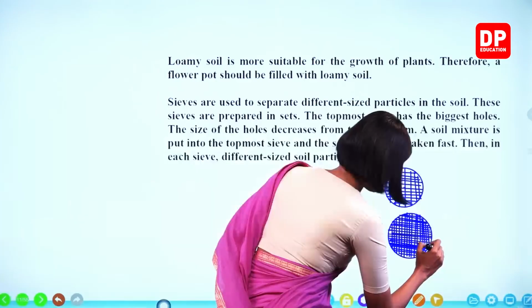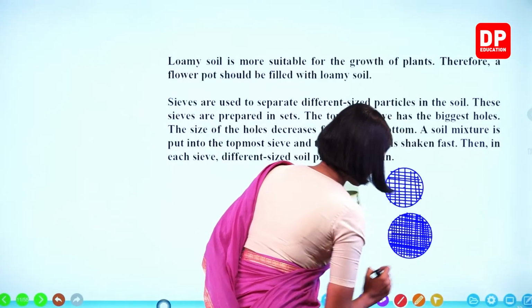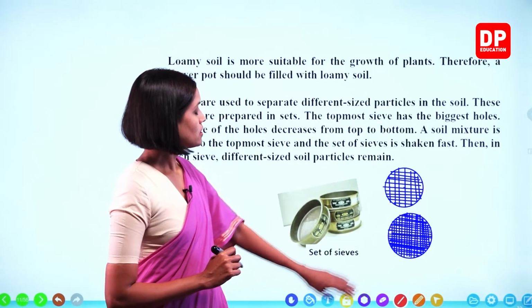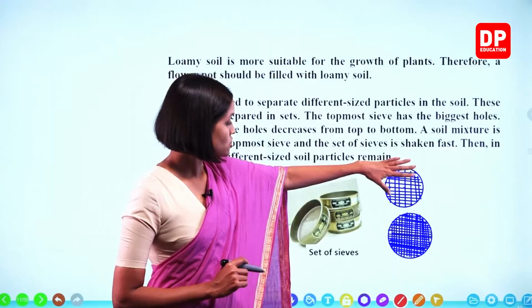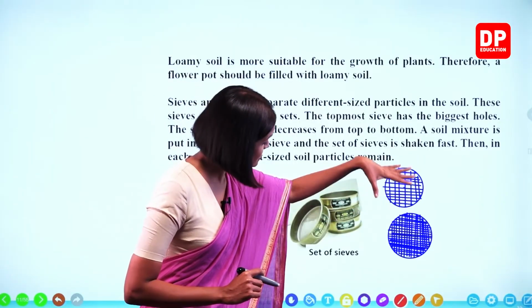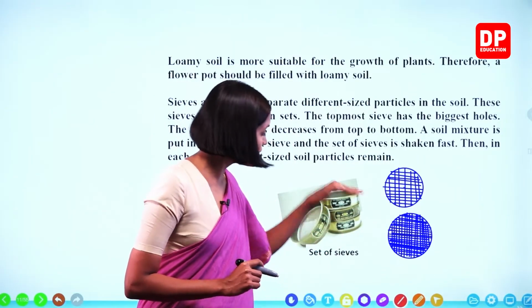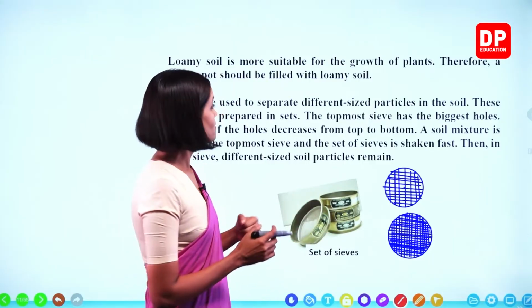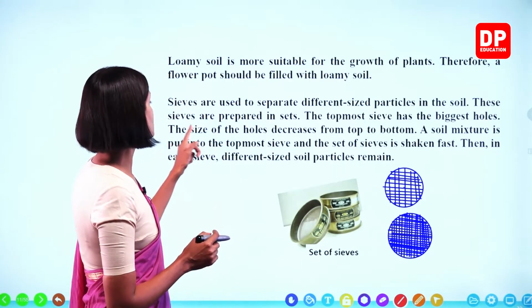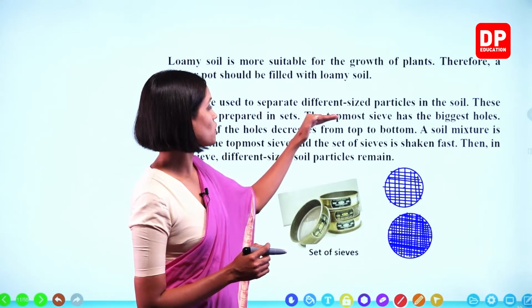The topmost one has the biggest holes, and the size of the holes becomes smaller as you go down, right? So the size of the holes decreases from top to bottom.